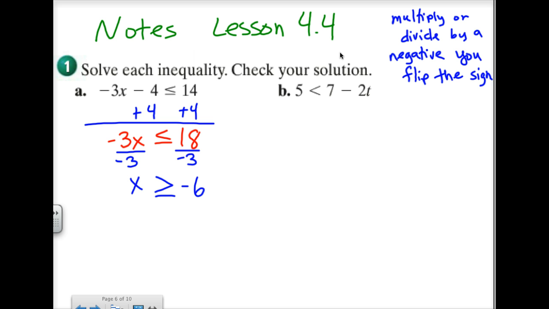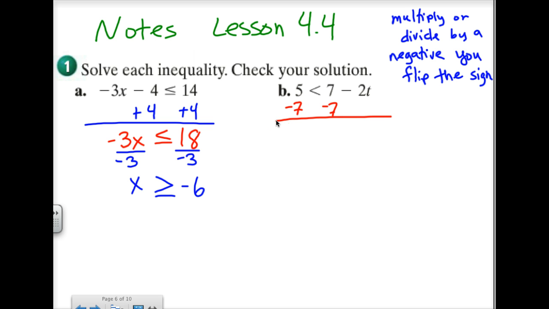Looking at letter B, working with the variable, and we're going to work on that side first, I need to isolate that t. So that means I need to get rid of the 7. In order to do that, it is a positive 7, so I'm going to subtract 7 on both sides.